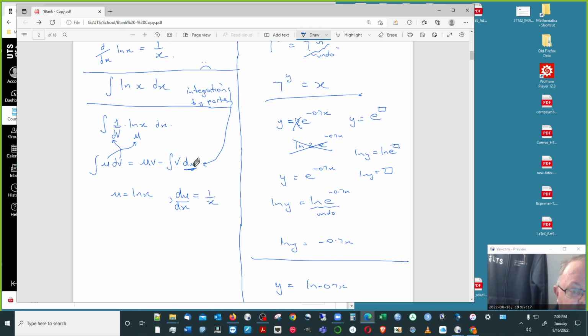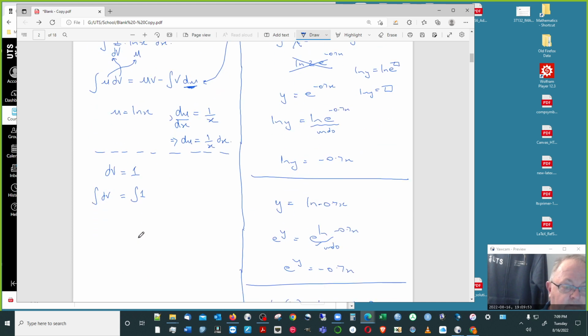Okay, and in actual fact I have to isolate du and say that du is equal to 1 over x dx because I'm going to substitute everything on the right hand side for this term here. The next thing I want to look at is dv. dv is equal to the polynomial 1. This is the simplest polynomial. So if I'm going to integrate both sides, what am I going to get?